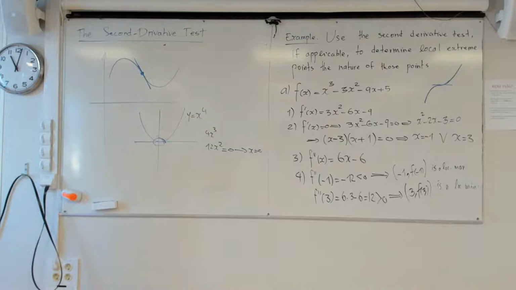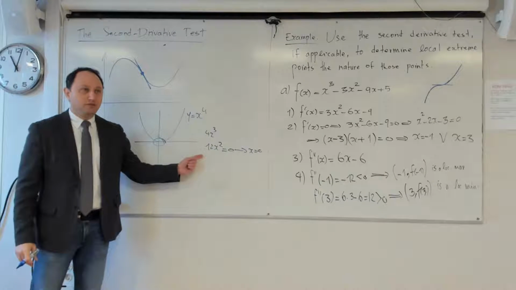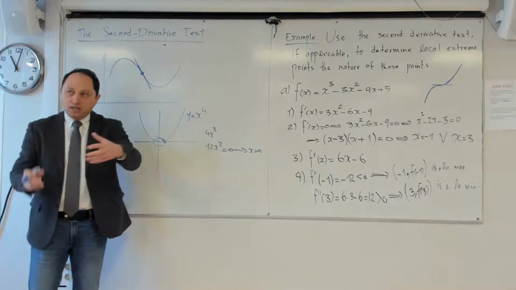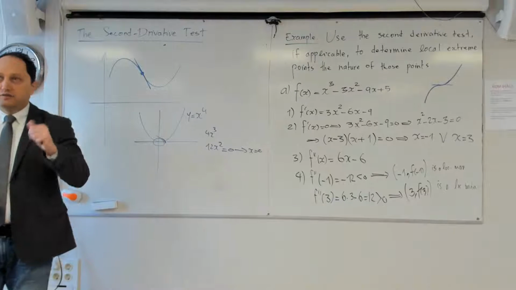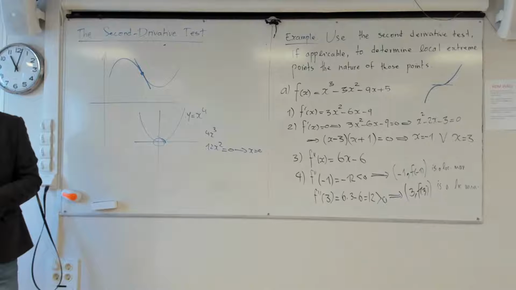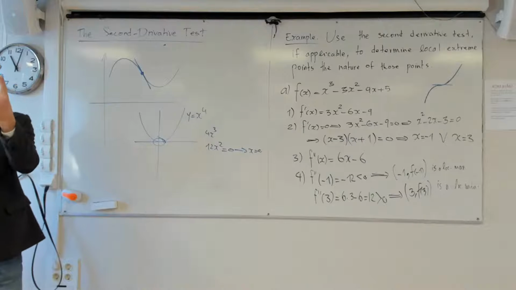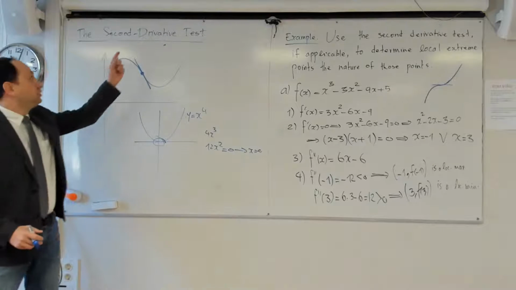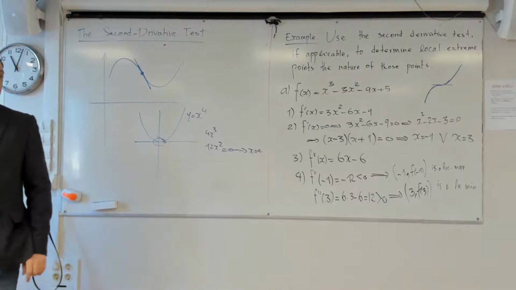Exactly, very similar to the first derivative test. Be careful not to confuse them. In the first derivative test, you take the first derivative, equate it to 0, and you get some numbers. Those numbers are just candidates for local extreme points. How did we understand which one is correct, which one is not? At that point, we had two options available. Either use the first derivative test to understand the nature, or the second derivative test.